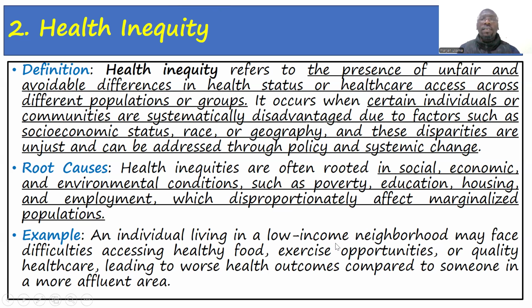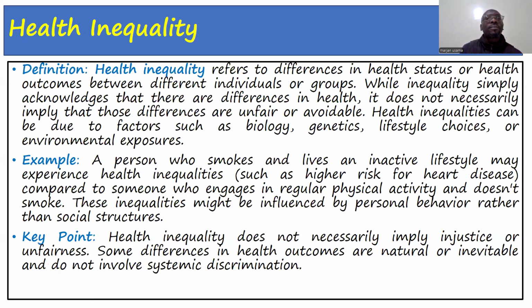For example, an individual living in a low-income neighborhood may face difficulties accessing healthy food, exercise opportunities, or quality healthcare, leading to worse health outcomes compared to someone in a more affluent area. Affluent area means a place where the neighborhood is very good. It has the necessary space, is well ventilated, has a good drainage system, and so on.